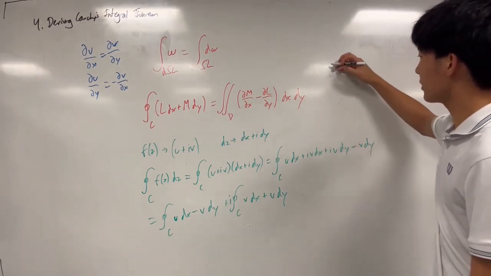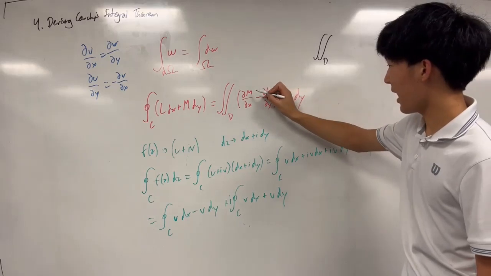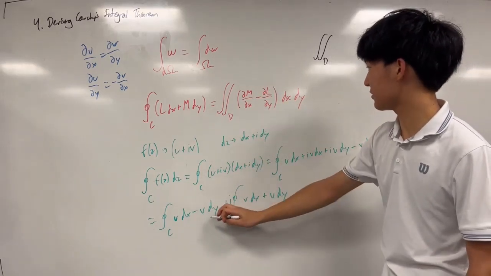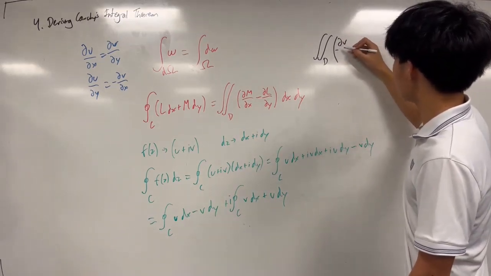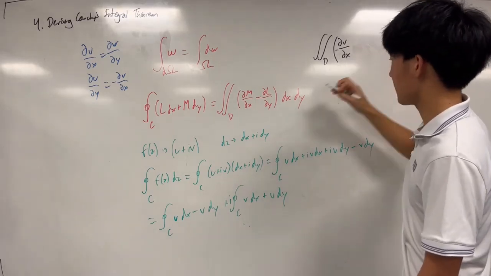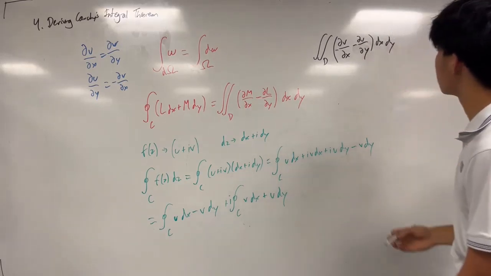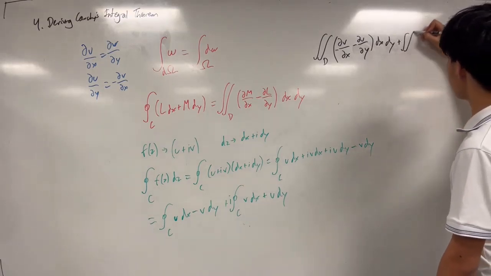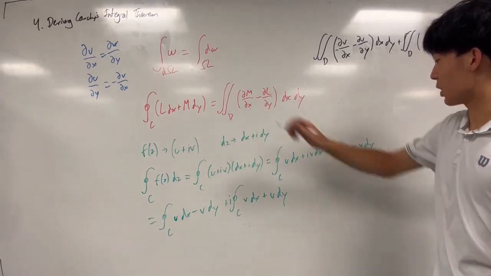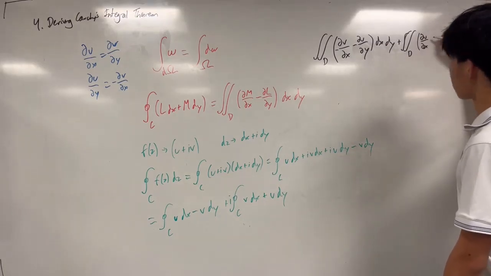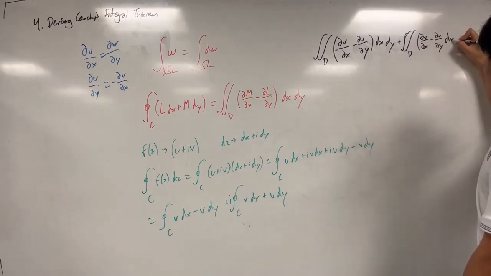So this equals the area integral over D of, M here is v, and L here is u, so del v del x minus del u del y dx dy, plus i times the area integral over D of, here u is M and v is L, so del u del x minus del v del y dx dy.